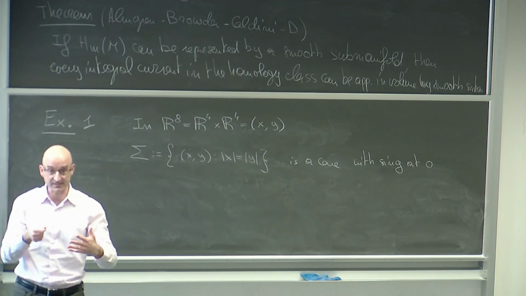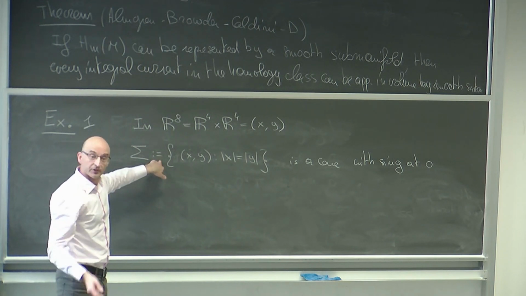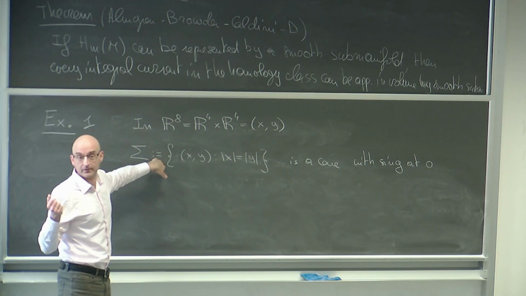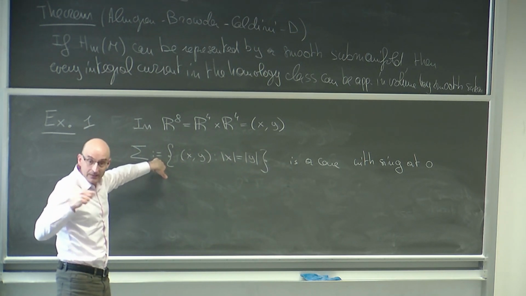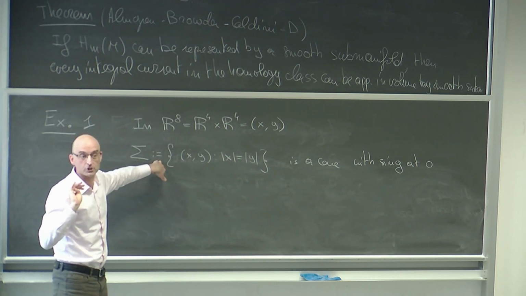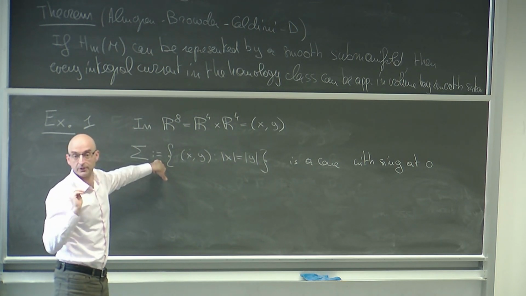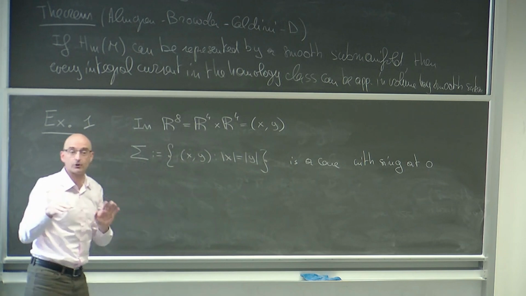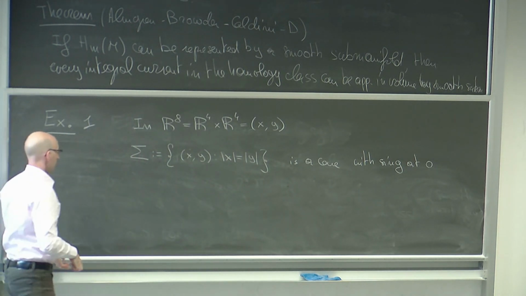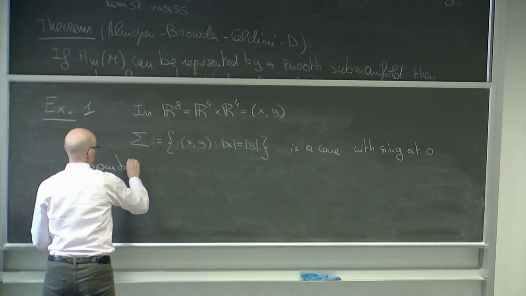Any minimizing sequence is going to converge to this guy. This guy is then a minimizer in the sense of currents, which I told you. And not only is it a minimizer, it is the minimizer. There's no other guy which achieves that mass, that volume, with that given boundary. So in some sense, it's an unavoidable singularity. And this is a famous theorem by Bombieri, De Giorgi, and Giusti.